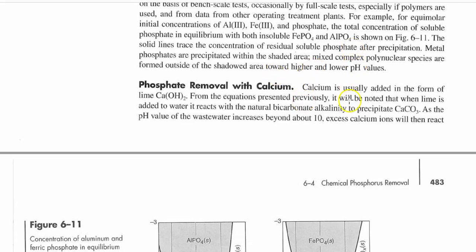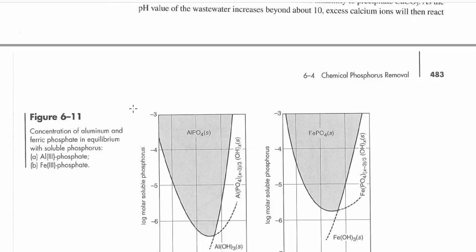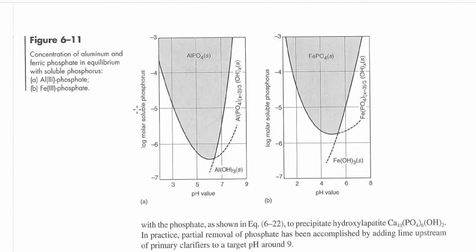So there are many things going on these days that can change this perspective a bit. But let's take a little bit closer look again at these types of diagrams, where we have the concentration, where we want, when we add a chemical, we need it to be dissolved. When it's precipitated, we want it to be solid. So again, we see we need to be at a very low pH when we add the iron, in this case.